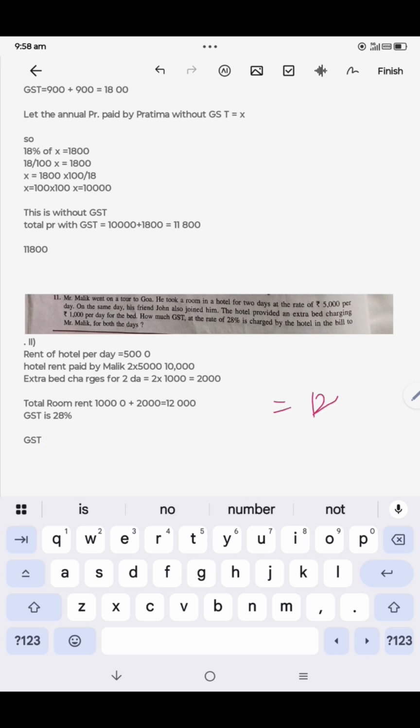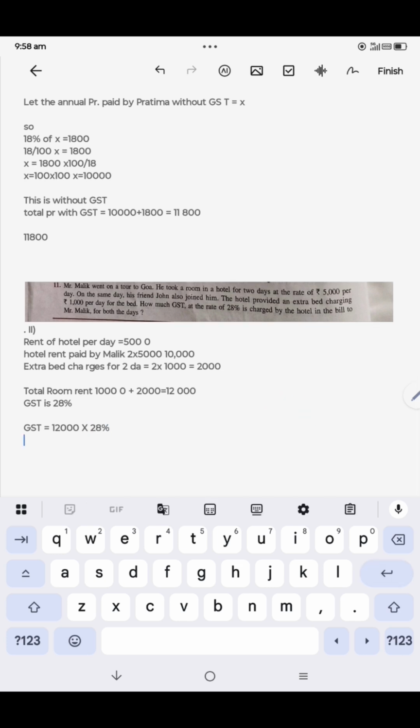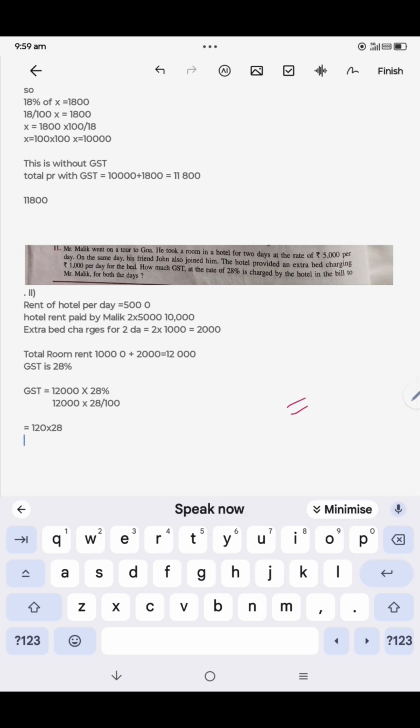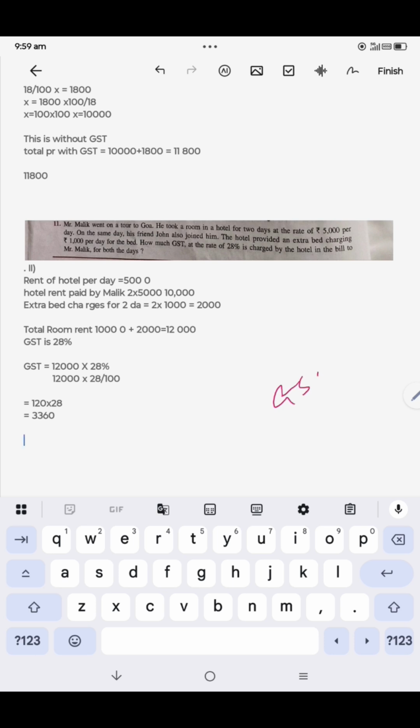GST is equal to 12,000 into 28%. That becomes 12,000 into 28 upon 100. The zeros cancel, leaving 120 into 28. That comes to 3360. See, the final answer, our GST is 3360.